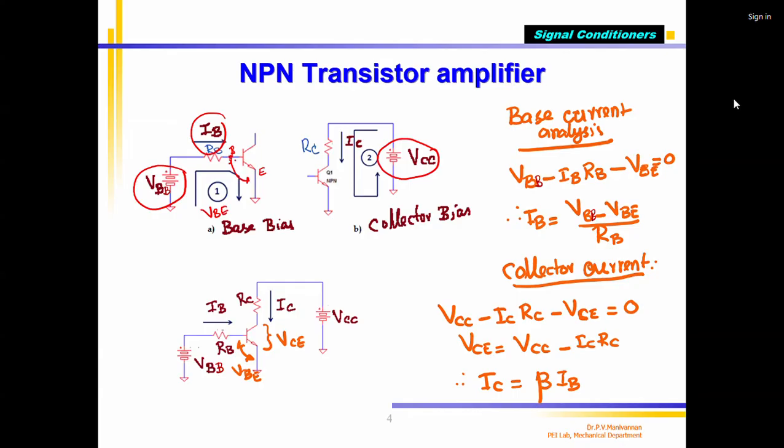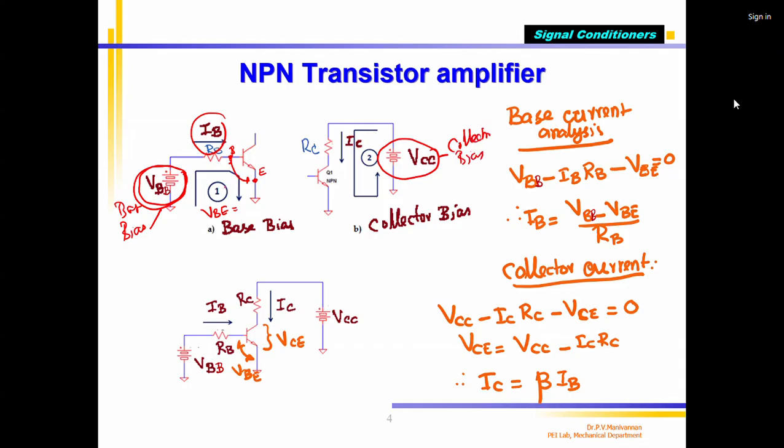That means I take a voltmeter, connect the two terminals plus and minus, and put it across this. In that case, there will be a voltage, called the base to emitter voltage. Please note that this voltage is not called VBE. It is called VBB. This is called the base bias voltage. Similarly, this voltage is called the collector bias voltage.